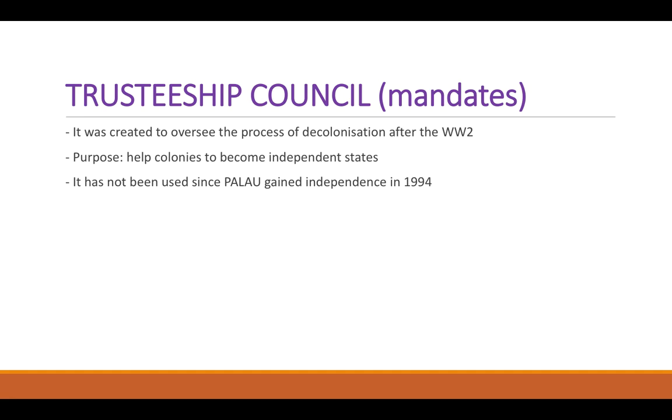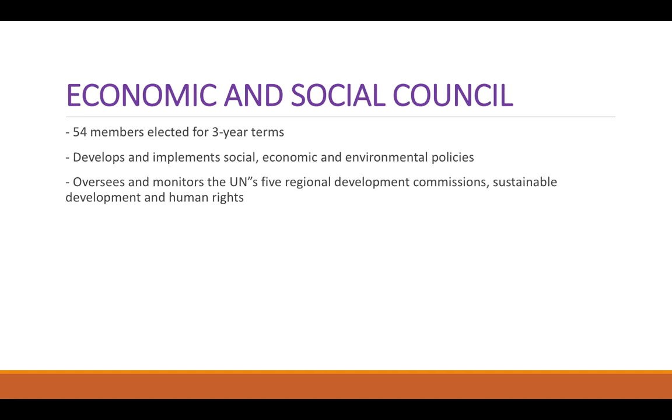As you can see, its aim is to make sure that the world decolonizes and that the countries become independent and perfectly capable of ruling themselves. And since 1994, when the last land, called Palau, became independent, there was no need for this council anymore. So its work is paralyzed.